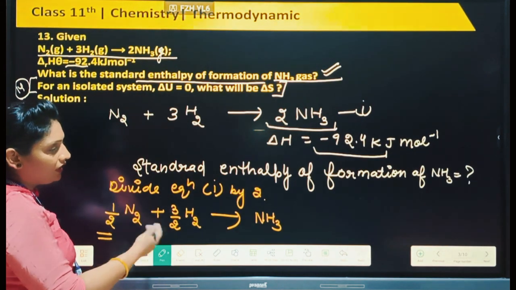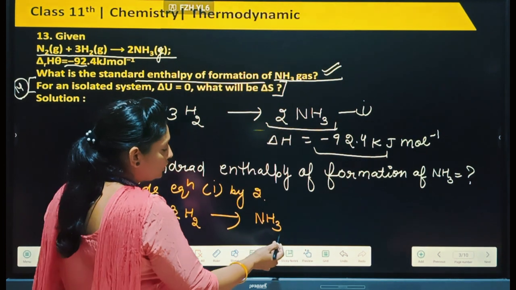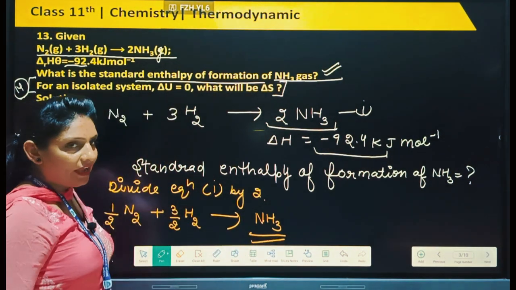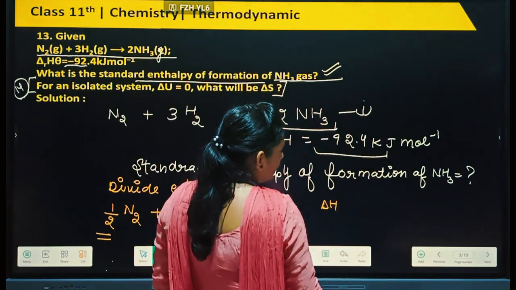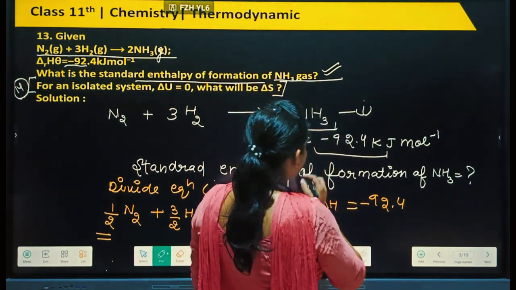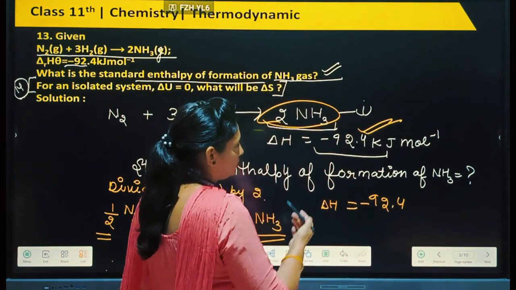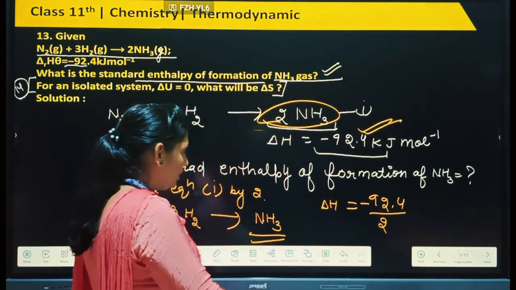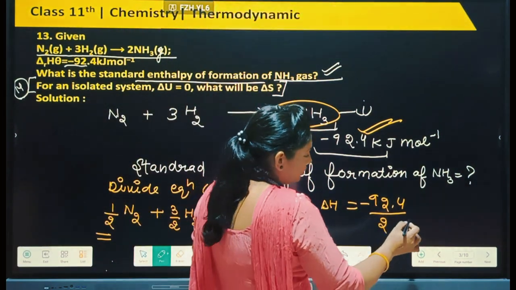When they react with each other, they give us ammonia. So students, here we are dividing the complete reaction by 2, so we will divide this enthalpy also by 2, because for forming 2 moles we need this amount of energy. If we are dividing the complete reaction, we will divide this also.